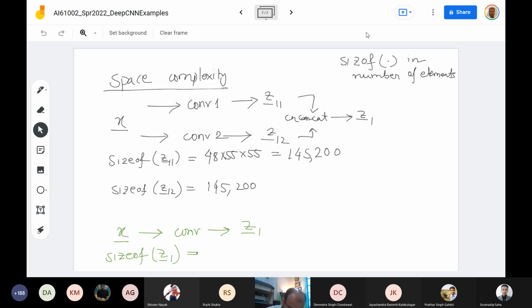This is going to be 96 into 55 into 55. Now what is that going to be? 290400. So essentially, the size of these containers over here is also the same.